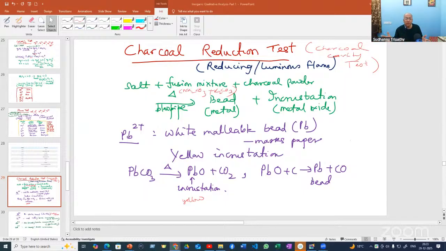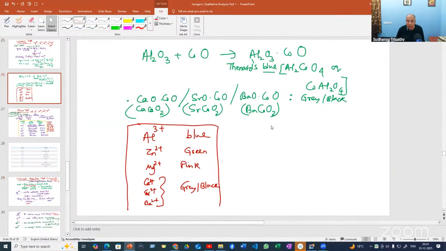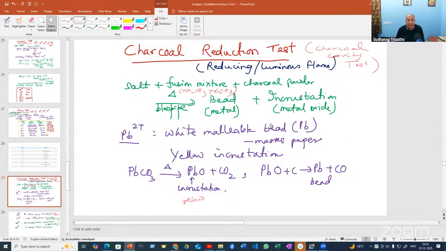You can distinguish: barium is pea green in flame coloration, strontium is crimson, and calcium is very transient brick red, which will give green color in cobalt blue glass. Yes, green color.